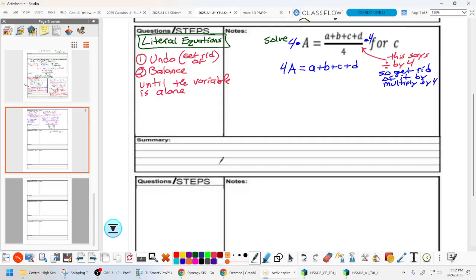So it says A is just sitting there positive. How do we undo a positive something sitting there? Yeah, we just subtract.